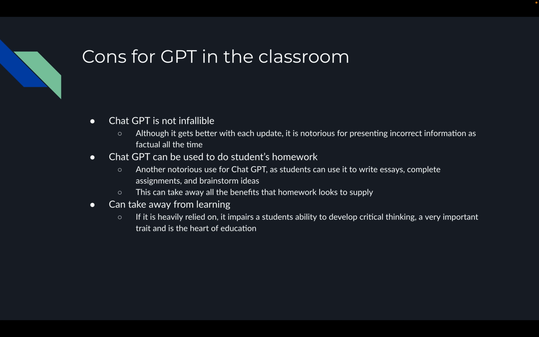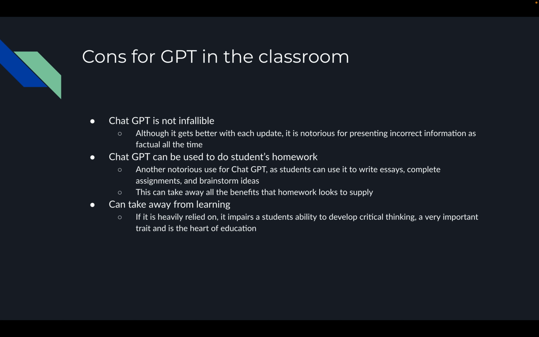The first one is that ChatGPT is not infallible. Obviously, you'll hear a million times that anything you read on the internet is not always true. Most of the time, what you read is false, especially depending on different types of information. Some things you can depend on it being true, but a lot of what you read is not true.